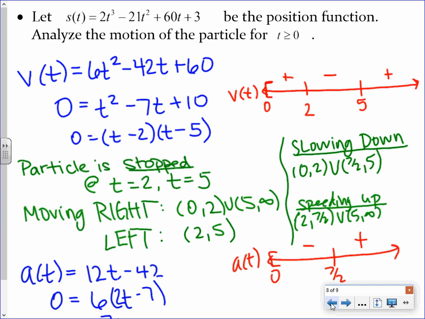Okay? Velocity is negative at 0, but positive at 2. Something has to happen between time is 0 and 2. Okay? Now, this is a fairly long assignment, but you have a 5-day weekend. So I expect you to have this done for me.